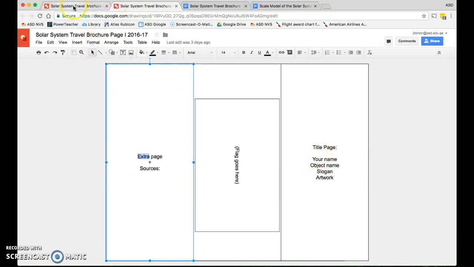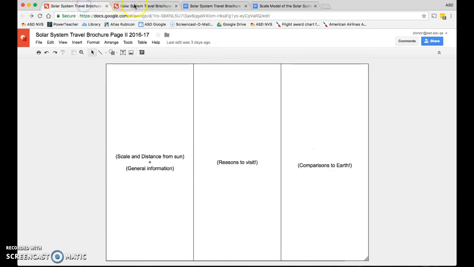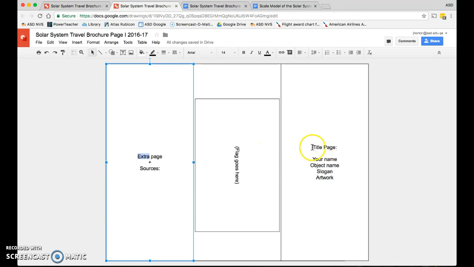If you wanted to erase all of these things and just print the paper off, and write into the different sections, you could do it that way as well. I just decided to give you the template because it'll be easier for us to put it together. There are 2 pages to it because there are a total of 6 sides. Once it's all folded up, everything will be folded along these lines. So you have a front side and a back side.